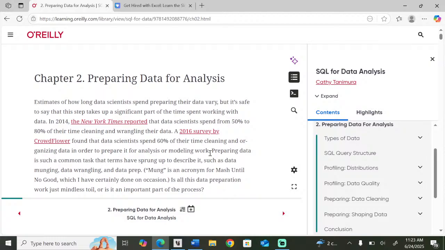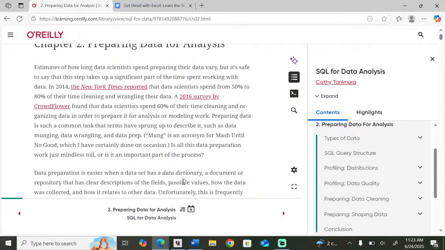Organizing data means starting from collecting data. Preparing data is such a common task that terms have sprung up to describe it, such as data munging, data wrangling, or data preparation. That's not important.